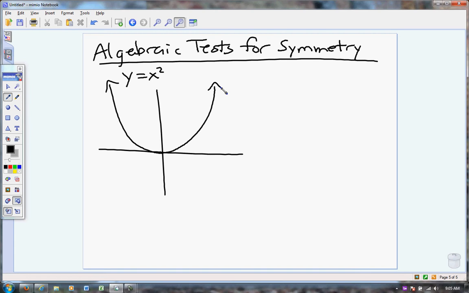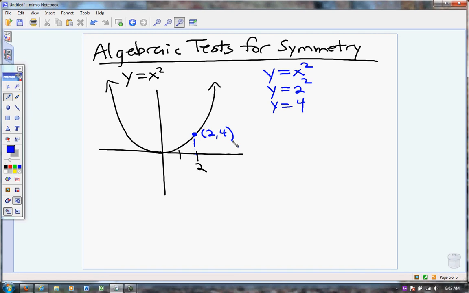Let's just think of the point that we get when x is 2. If I use y equals x squared and I put in a 2, 2 squared is 4, right? So this point, when I come up onto the graph, is 2, 4.